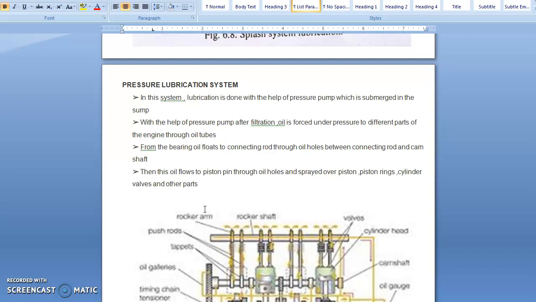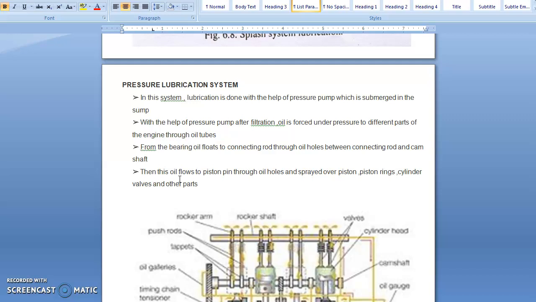In this type of lubricating system, the engine parts are lubricated under pressure feed. The lubricating oil is stored in a separate tank or sump, from where an oil pump takes the oil through a strainer and delivers it through a filter to the main oil gallery at a pressure of 2 to 4 kg per centimeter square.